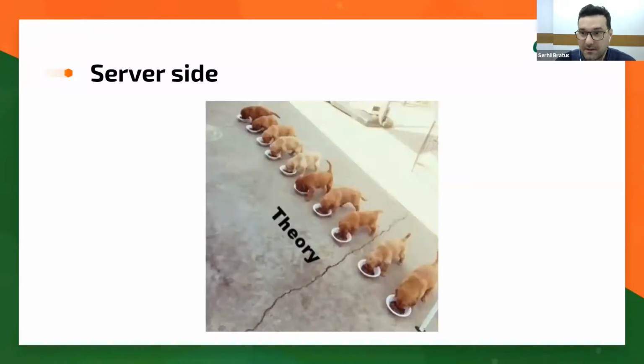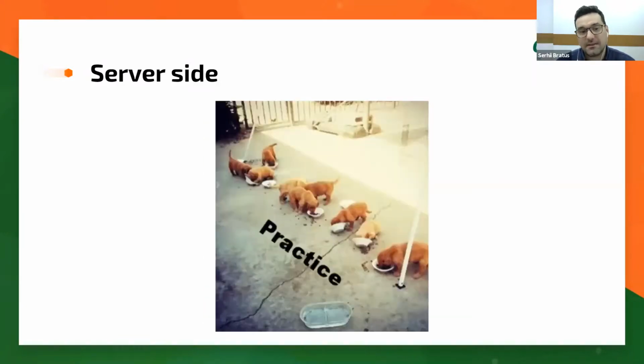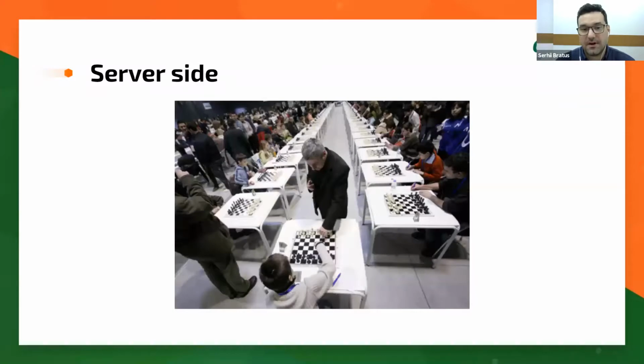When we're talking about multi-threading, in theory it looks like this, but in practice it becomes really a mess. What I wanted to describe is the way the very popular server software Nginx worked with this.